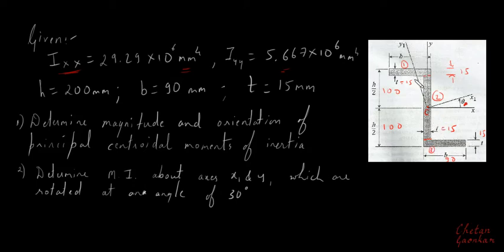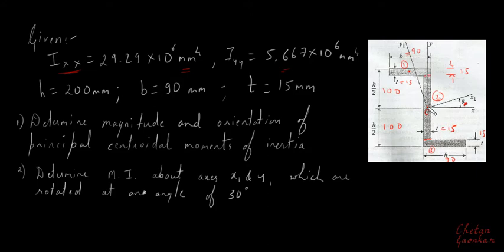Now we will be requiring some more data, that is the centroid of this part. The centroid of this rectangle will be somewhere here, at a distance of 7.5 mm from this and 7.5 mm from this, or, since this b is 90, at a distance of 45 from this end, or 45 from this end.